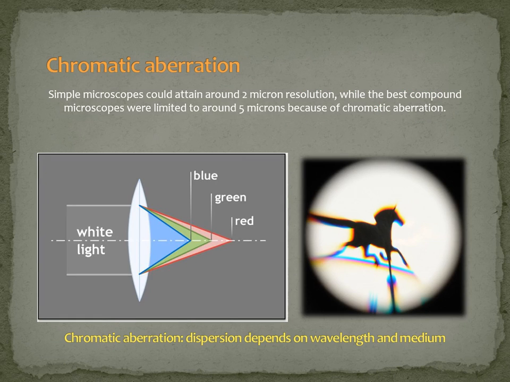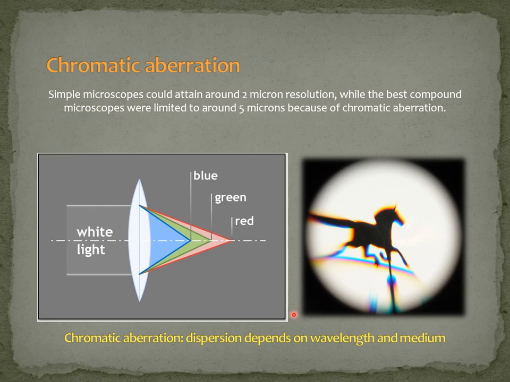Nevertheless, there were severe limitations to these microscopes, both the simple ones and the compound microscopes. There were several problems, mainly because the quality of the lenses was not that good. And in fact, one of the major problems was what we cannot see here in the image of this horse: the chromatic aberration.